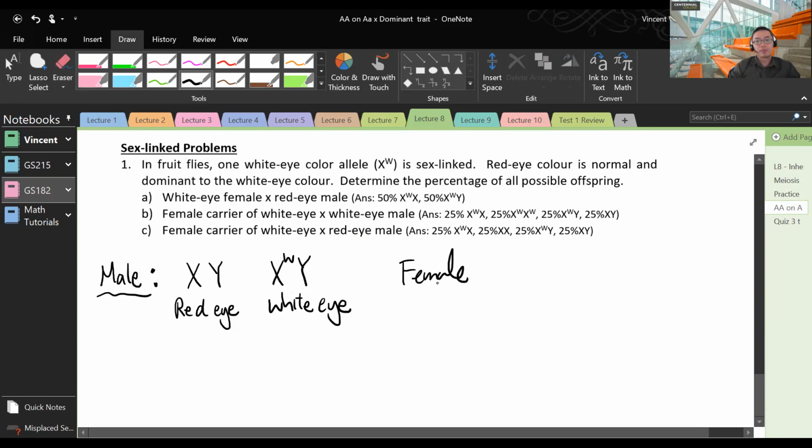Female. We can have XX. Is this red or white? Both of them are normal, so it's red. We can have X X^W. Is this red or white? Anybody? Any takers?